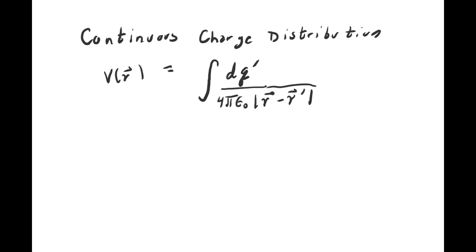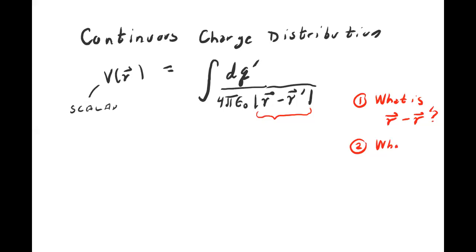Note the beauty of the electrostatic potential is that I don't have to worry about vectors in the integrand anymore. I just have scalars. This thing is a scalar. And the only thing I have to worry about is calculating, I have to ask myself two questions. What is R minus R prime? And what is its magnitude?